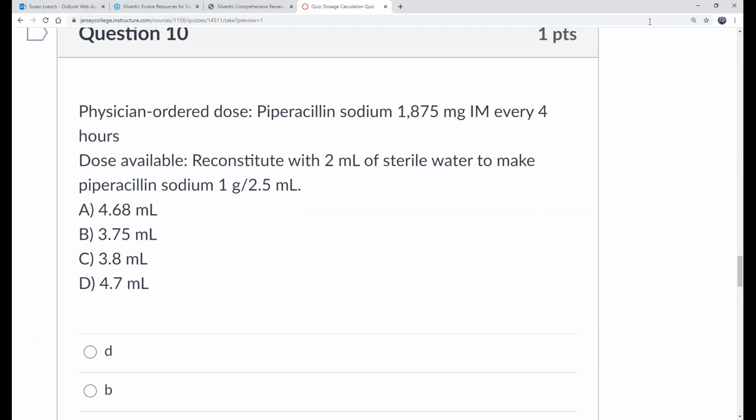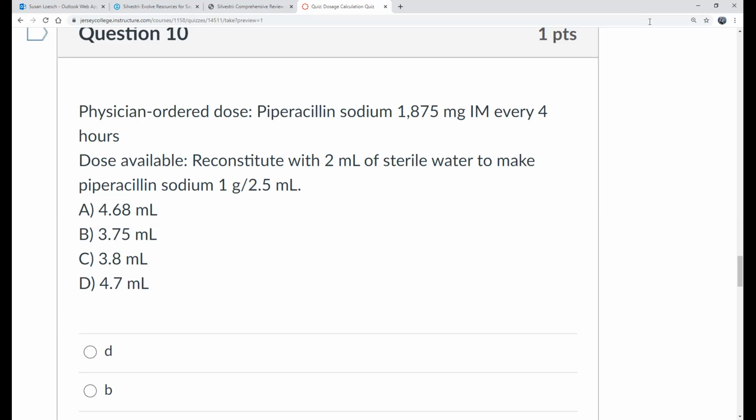Here's another one. Is it 8? So you should have 1875 divided by 1,000 times 2.5, right?